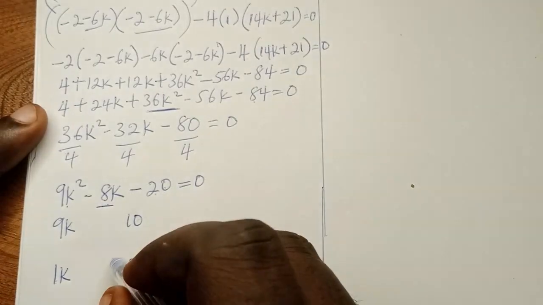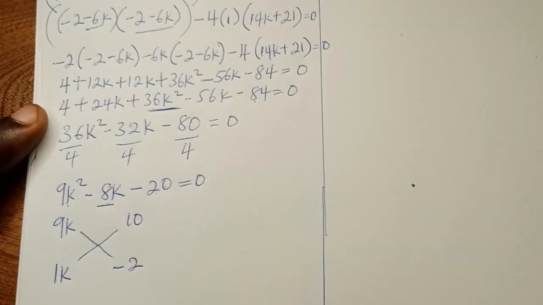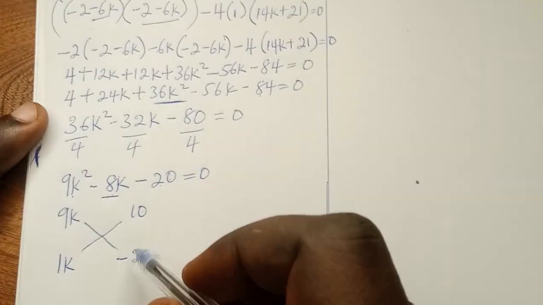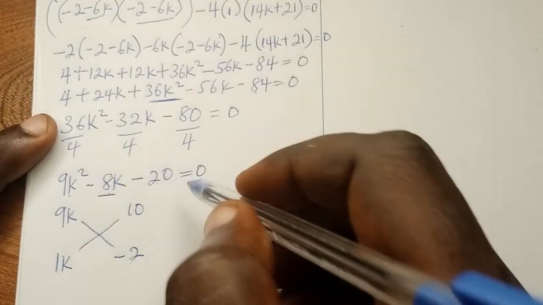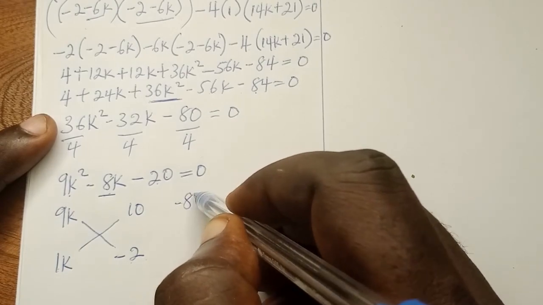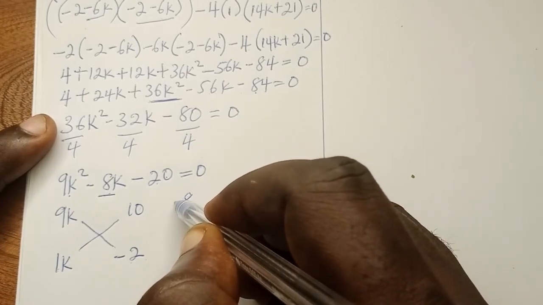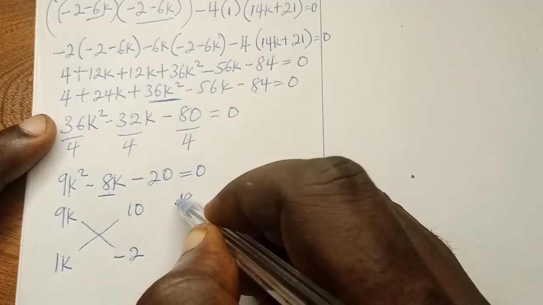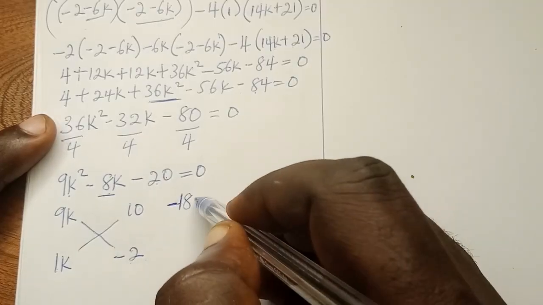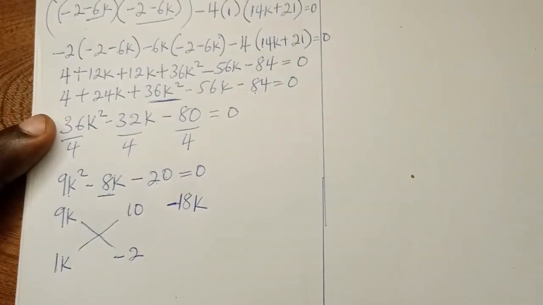Now if we cross multiply like this, 9 times minus 2 is going to give us minus 18, that is minus 18k.